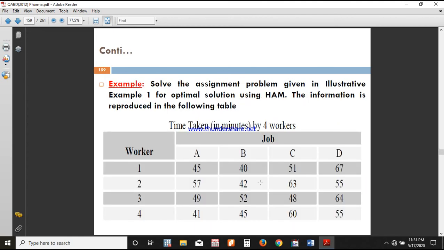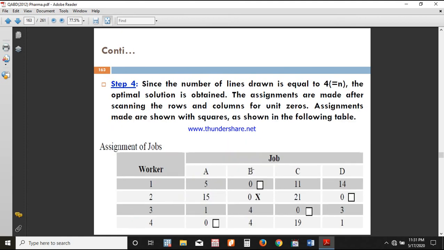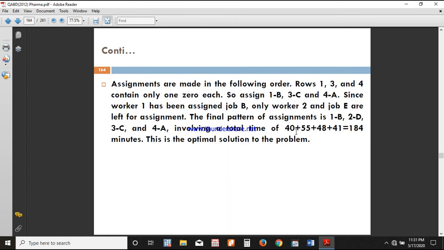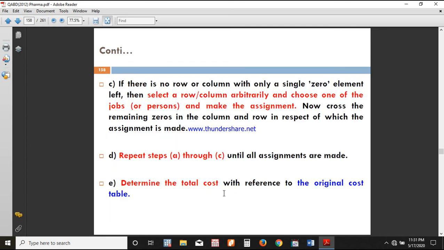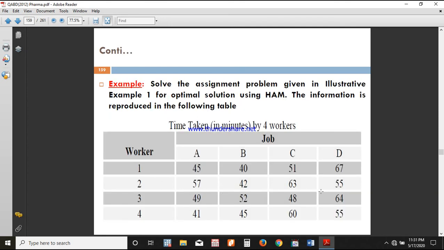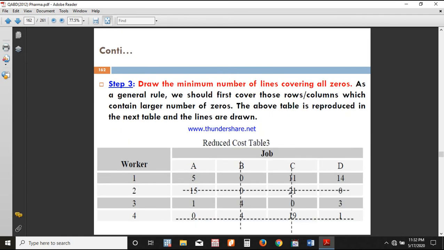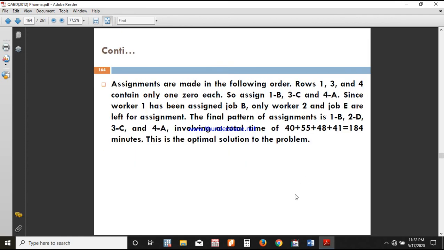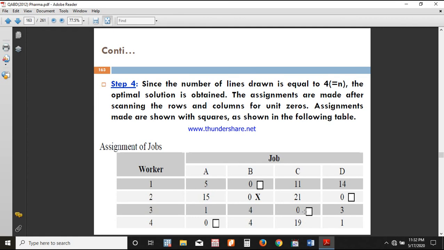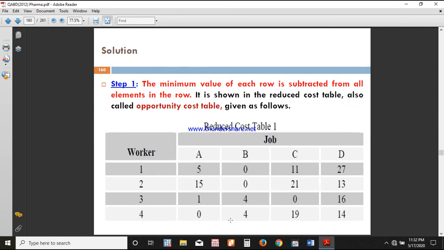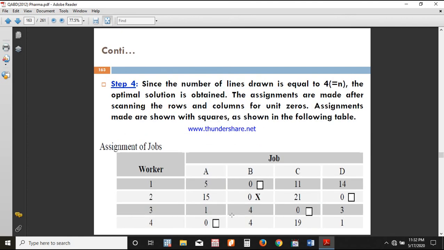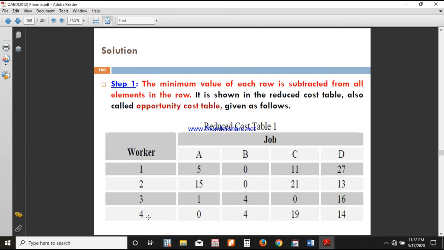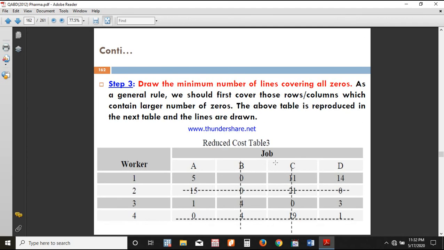Now take the original values: 1B is 40, 2D is 55, 3C is 48, and the last one, 4A, is 41.